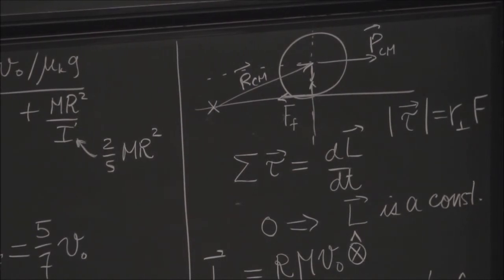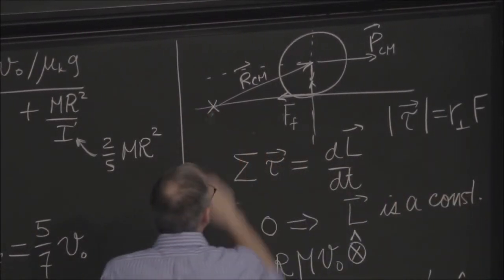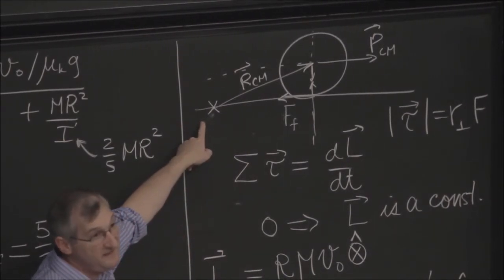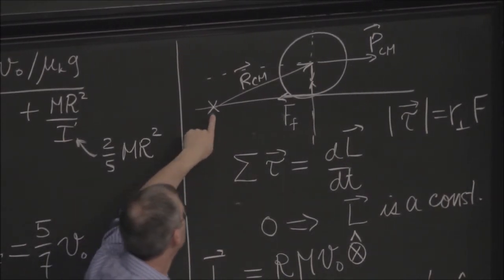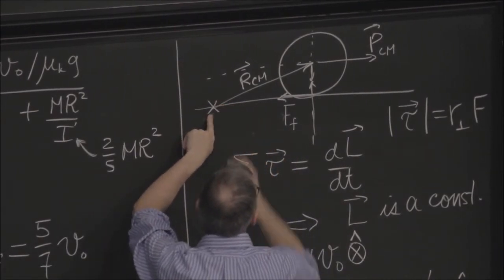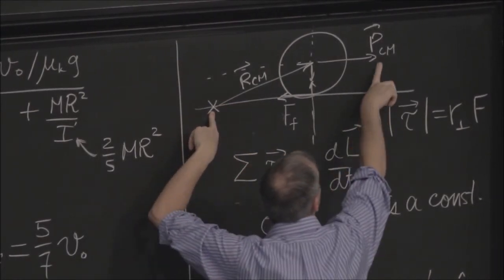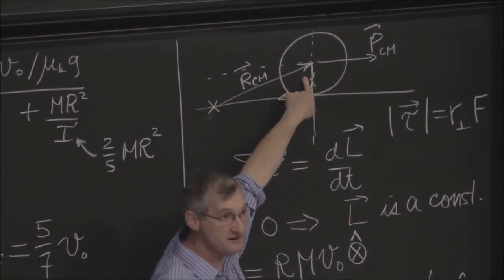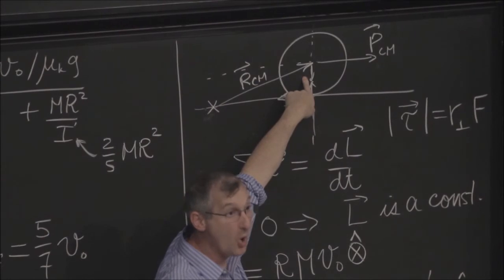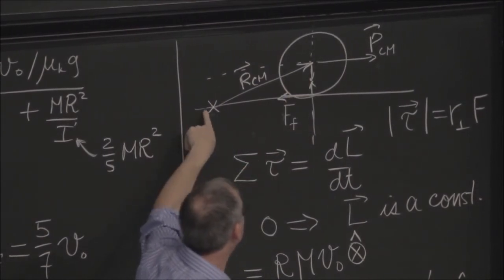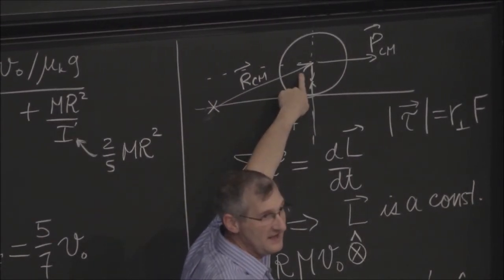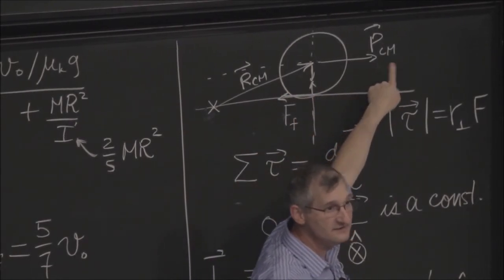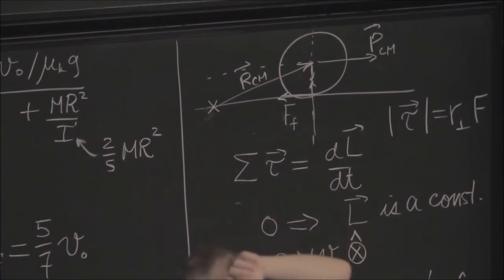However, the issue for angular momentum, the orbital angular momentum, r cross p, is either that I take the perpendicular component of the momentum and multiply it by the full length r, or I take the full length r, the full length p, and multiply those times what? The sine of the angle between them.